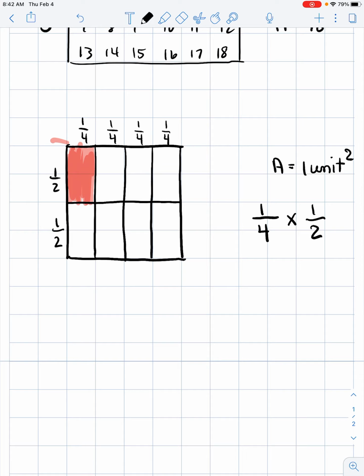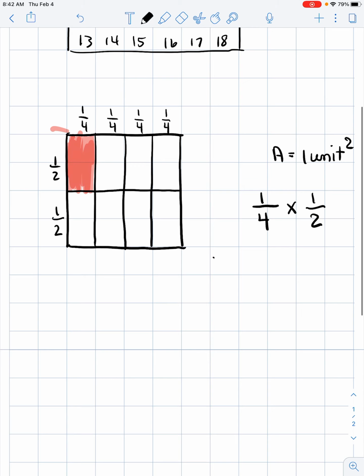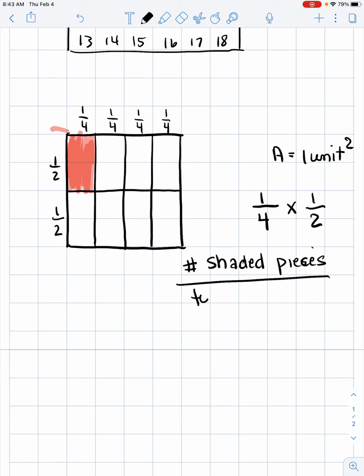All I do is say my area is equal to the number of shaded pieces out of the total number of pieces, because after all, this is a fraction, and a fraction is part out of the total. In this case, what do we see?